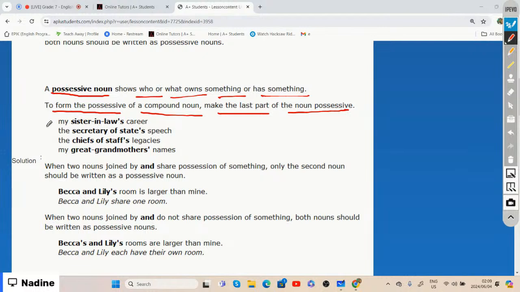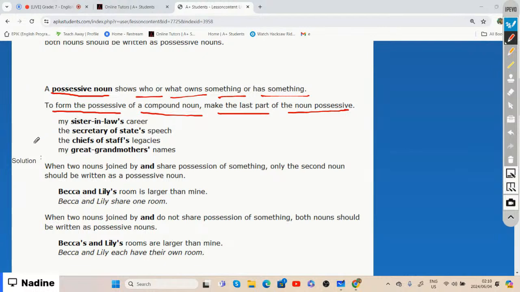An example is, if your noun is brother, then it is going to be brother's, that is the last part. In this case, it is more compound, words that are joined together. It says my sister-in-law's career.